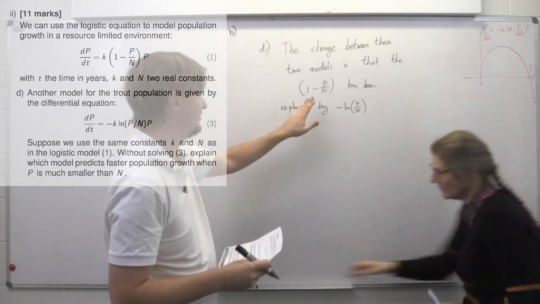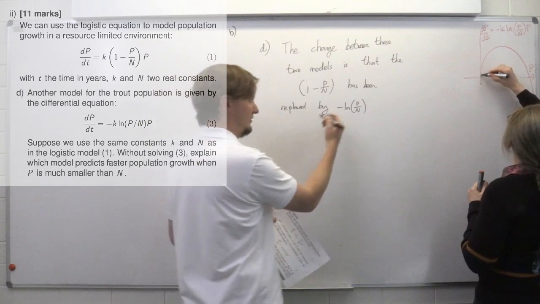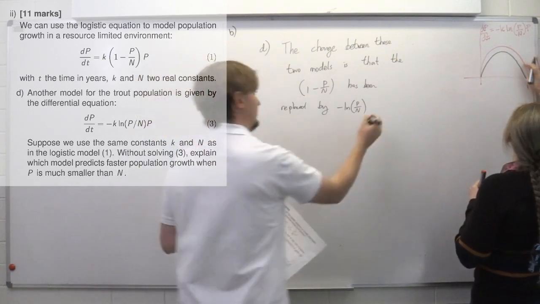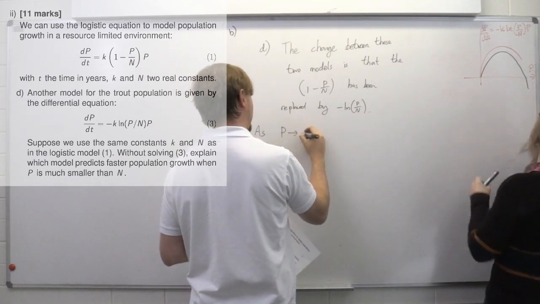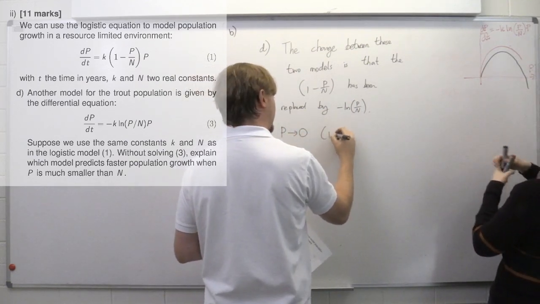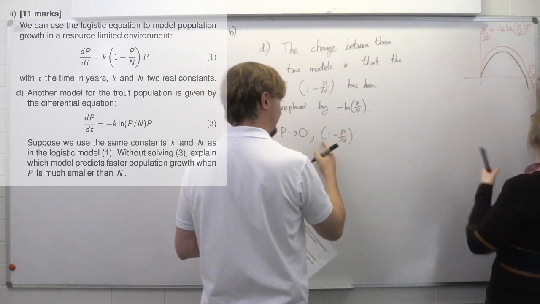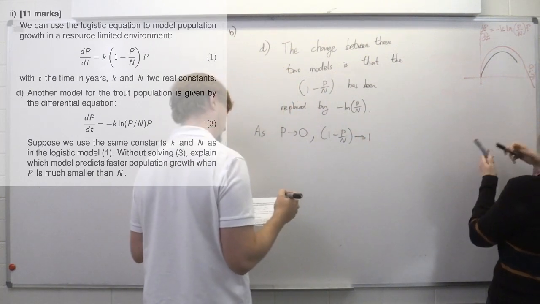Now what's important is I want to think about what these two different things are doing as p is close to 0. So what happens as p tends to 0? Well, this term is actually fairly nice. As p tends to 0, this term just tends to 1.